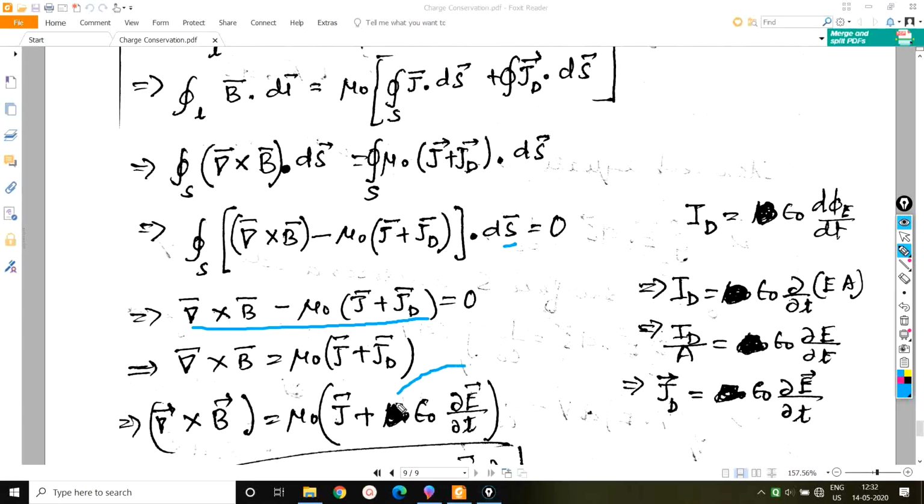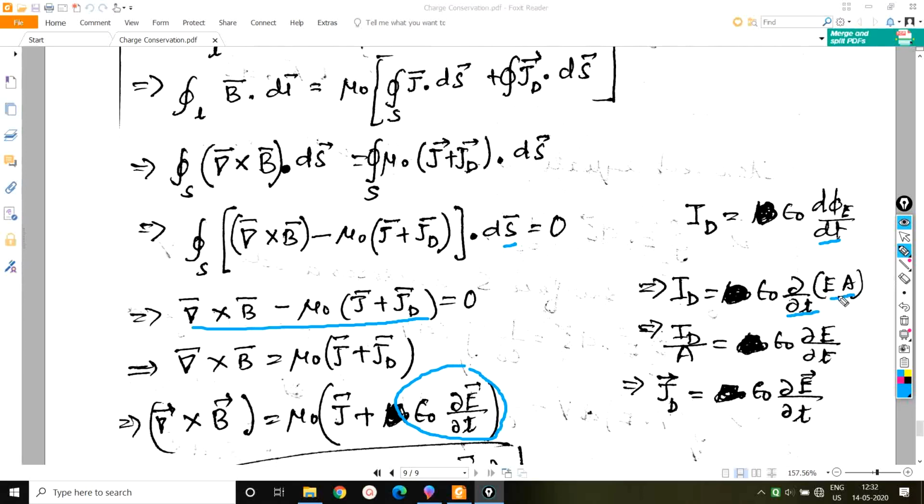How does this arrive? This is shown here. We have displacement current id equal to epsilon 0 d phi dt. Since we are interested exclusively in the flux change with time, we replace d dt with del t, and the flux phi is E into A of that capacitor plate expression.